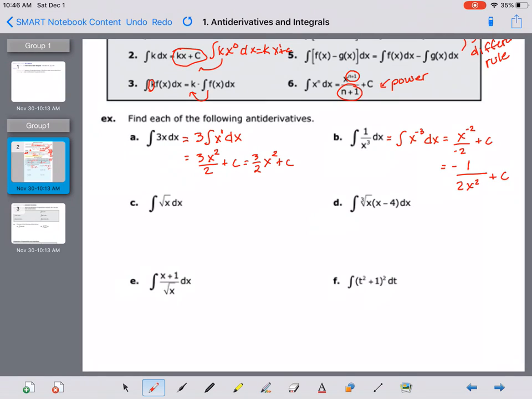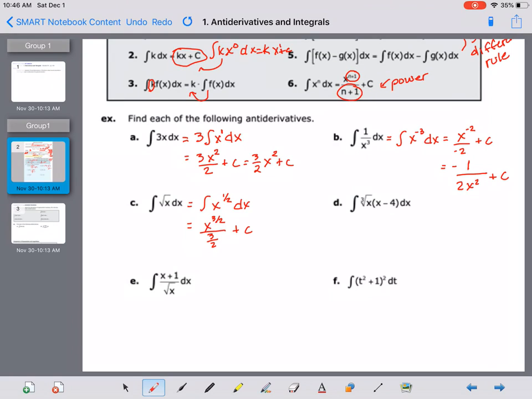And there's my antiderivative. For c, what we want to do is, again, rewrite, put it in power form. When I take my antiderivative, I'm going to add 1 to 1/2. So that's going to give me 3 halves. And divide by 3 halves, the new exponent, plus c.